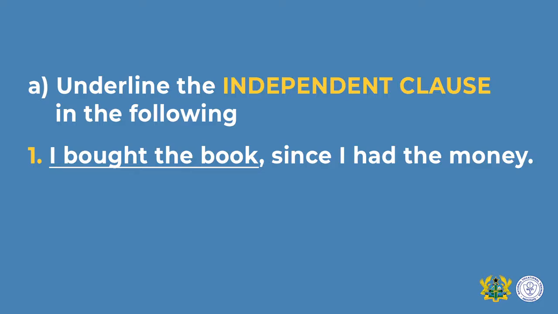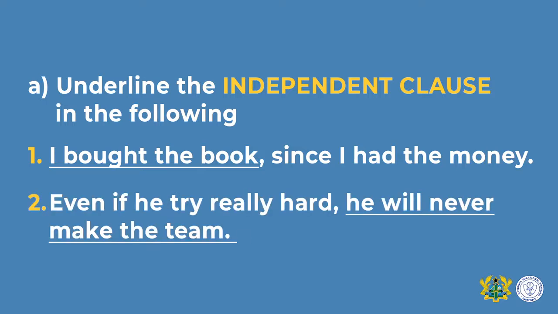The clause to be underlined is, I bought the book, and that is the independent clause. 2. Even if he tried really hard, he will never make the team. The correct response is, he will never make the team.